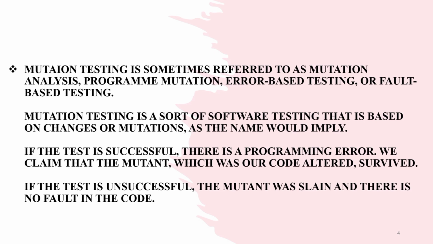Mutation testing is a sort of software testing that is based on changes or mutations, as the name would imply. If the test is successful, there is a programming error. We need to claim that the mutant, which was our code, altered and survived. If the test is unsuccessful, the mutant was killed and there is no fault in the code.